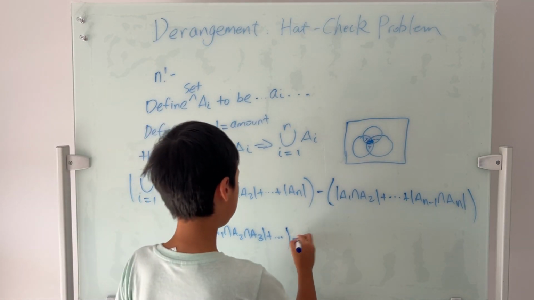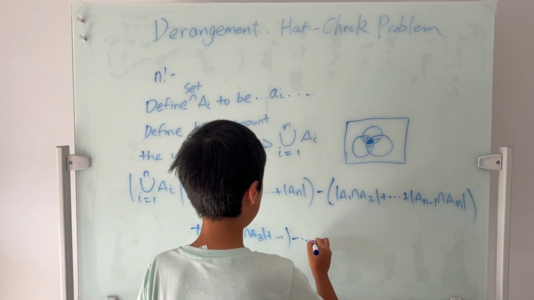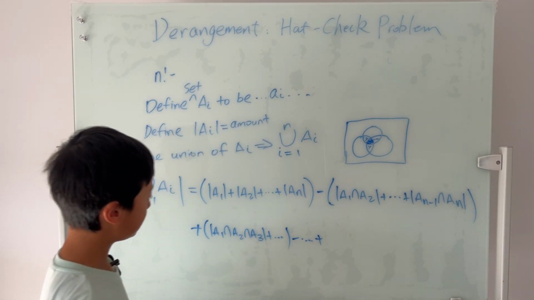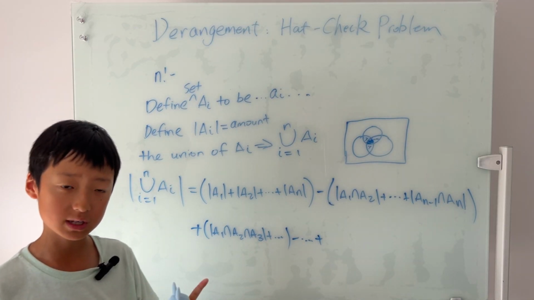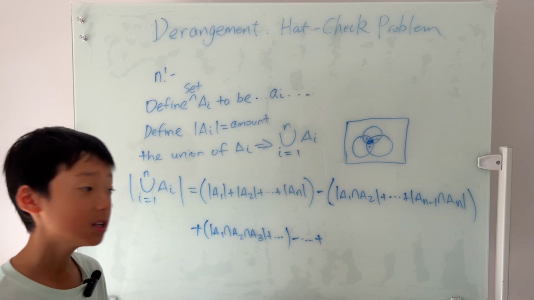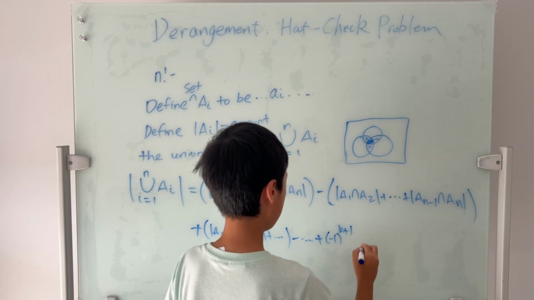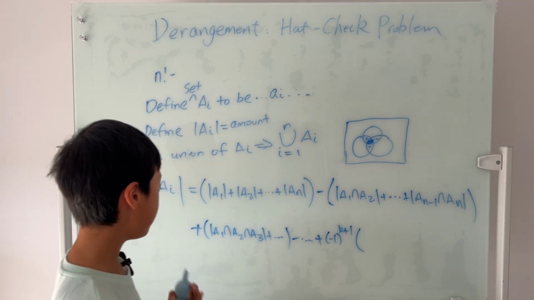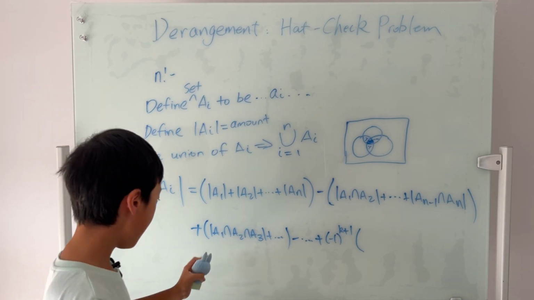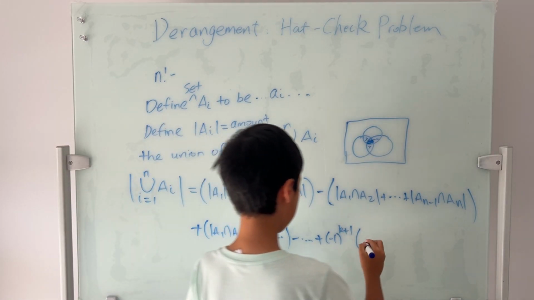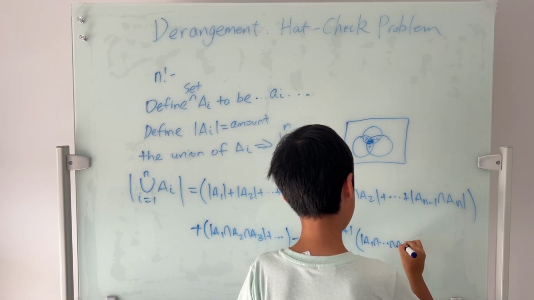And then we have to subtract the ones with 4 elements and then keep alternating. But once we get to the kth term, how do we know the sign? First notice that the first term is positive, so this will be (-1) to the k plus 1. Since it's the kth term, inside the cardinality would be k elements: A1 intersect all the way to Ak.